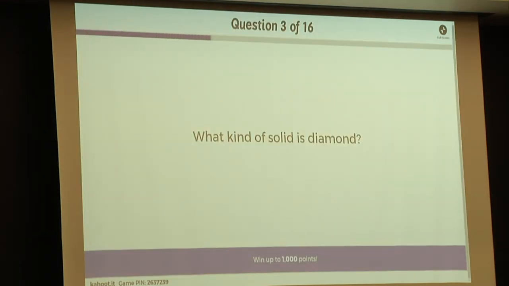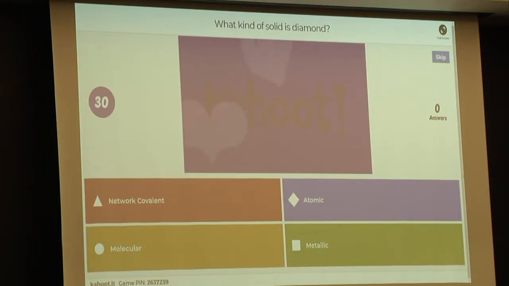Okay, what kind of solid is a diamond? You can log on, it's at the very bottom.